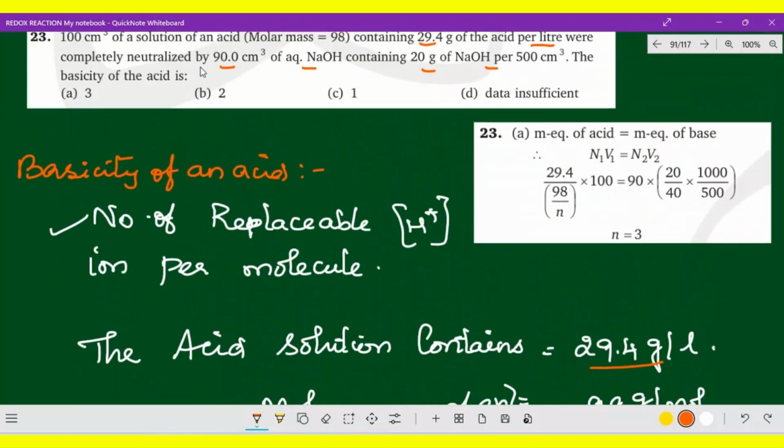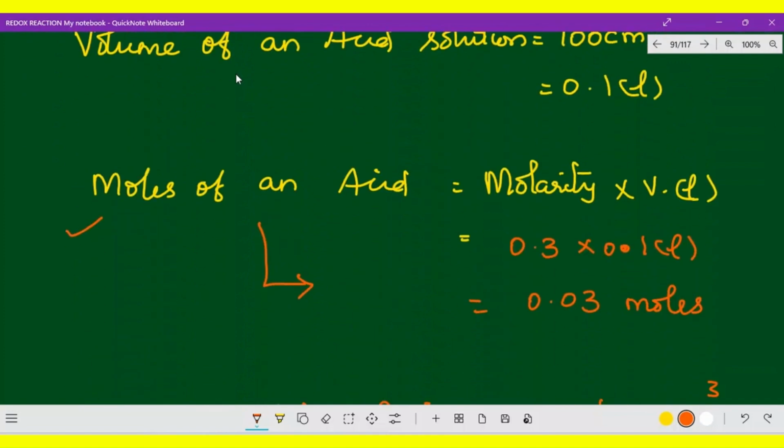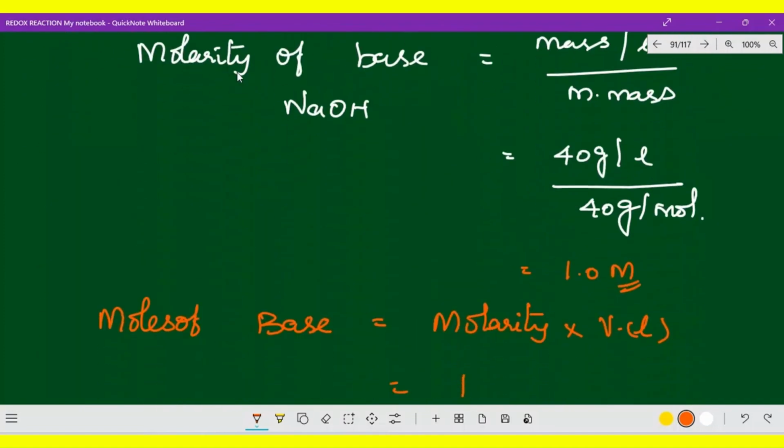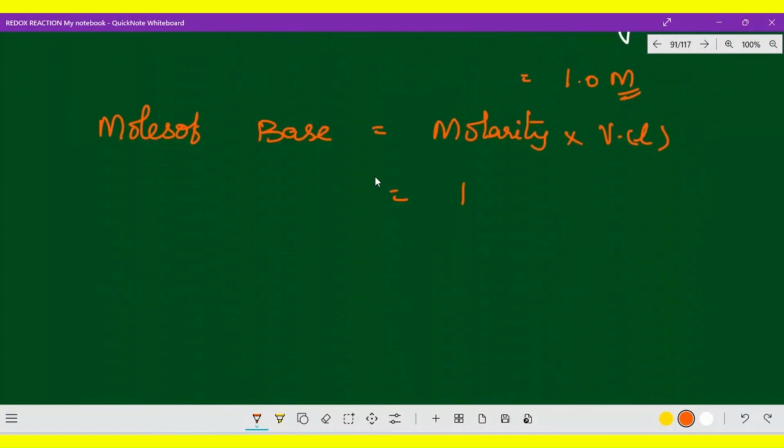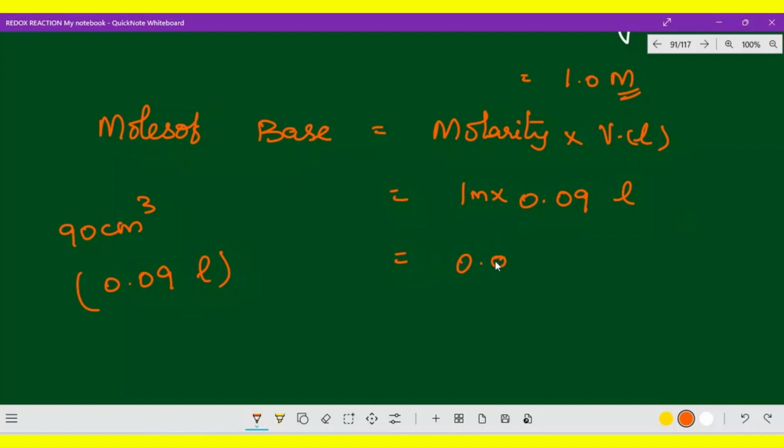We have to convert 90 centimeter cube into liter, so it is 0.09 liter. So we get 0.09 moles. We found the acid moles and base moles.